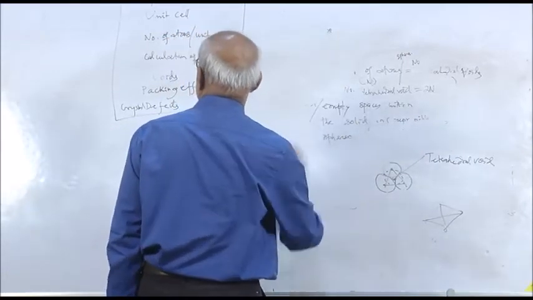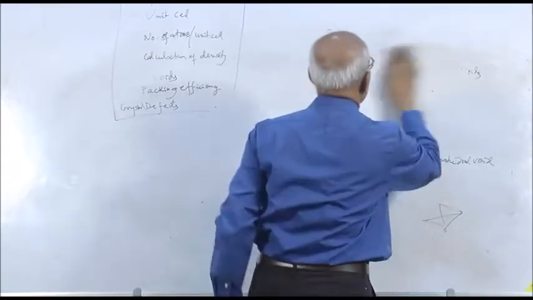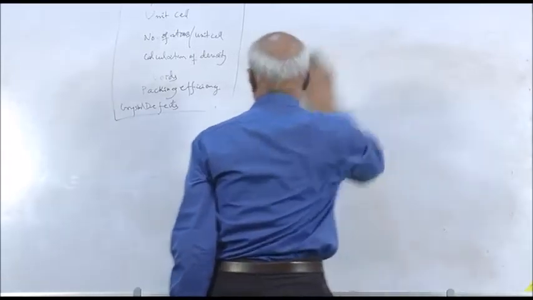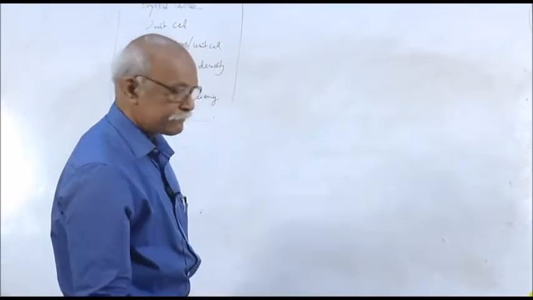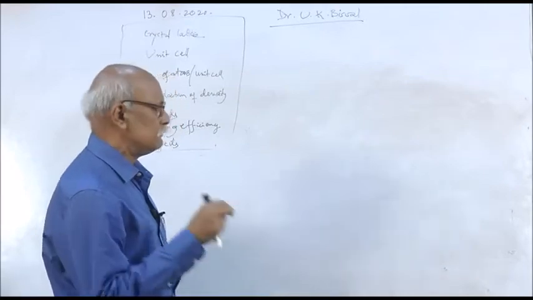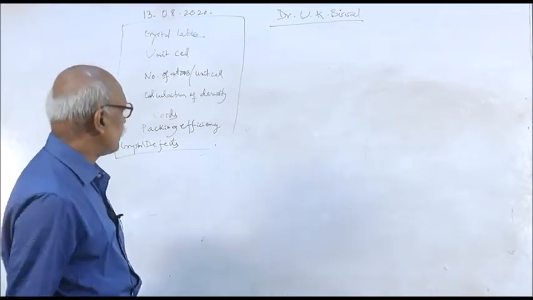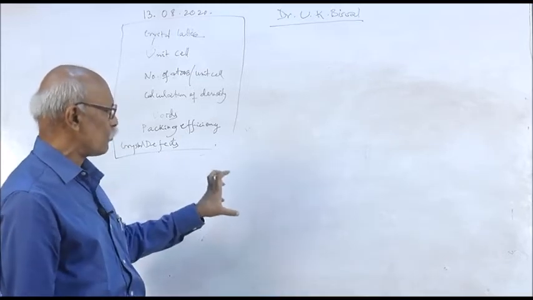Then your packing efficiency. What is efficiency? That means there will be more atoms and less vacancy. If the vacant spaces are less, then we can say the lattice is closely packed.